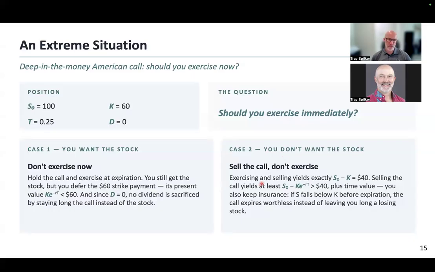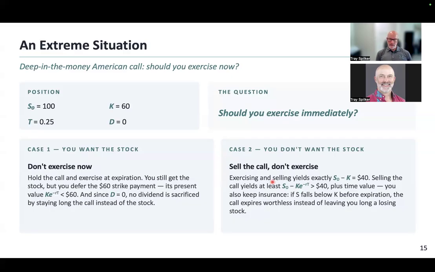So this is the argument I just made before. And importantly, if I were to exercise early, then I would be holding the stock.